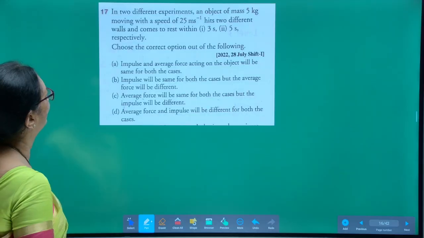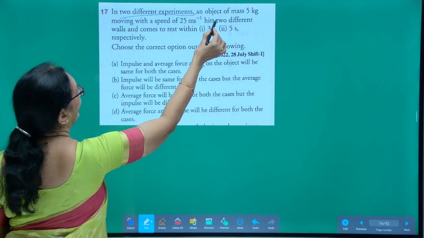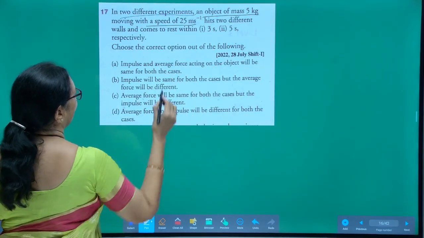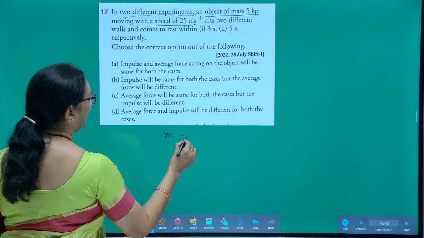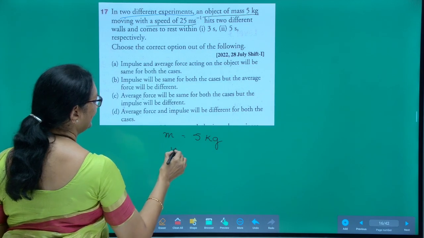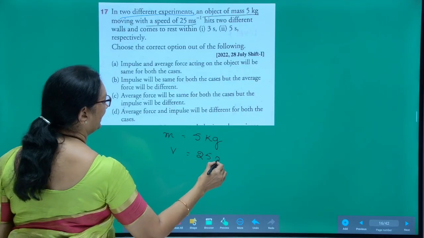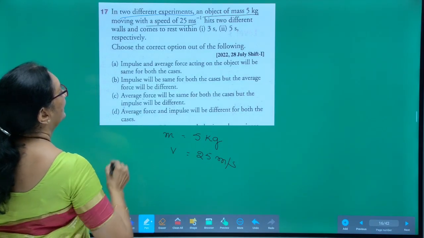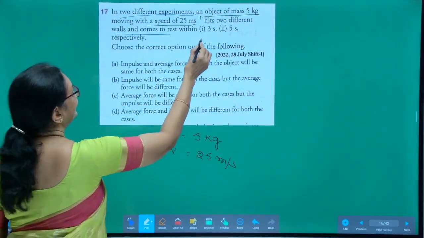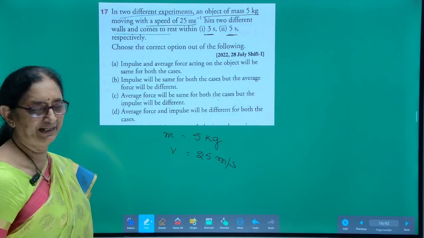I read the problem. In two different experiments, an object of mass 5 kg moving with a speed of 25 meter per second hits two different walls and comes to rest within 3 seconds and within 5 seconds respectively.